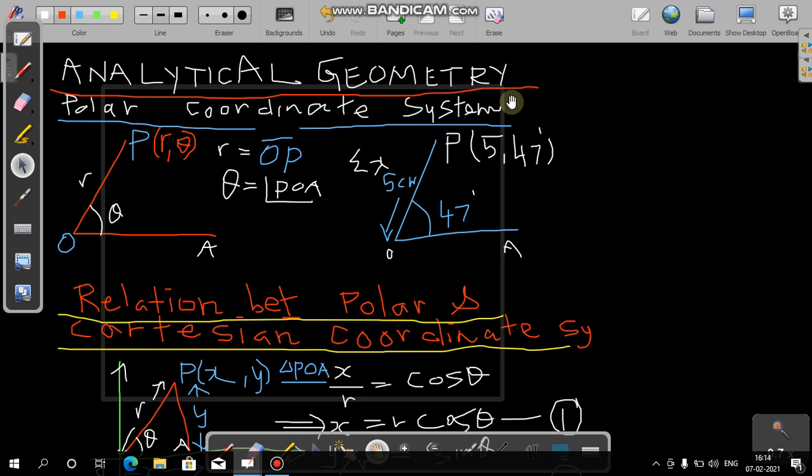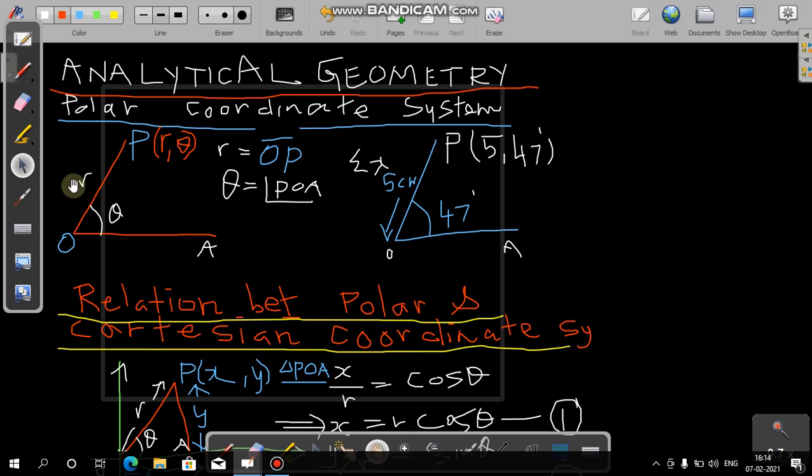Polar coordinate system. What is that? Any point can be represented by r comma theta, where r is the distance from the origin to the point, and theta is the angle between the horizontal line and the inclined line. The horizontal line is OA and the inclined line is OP.